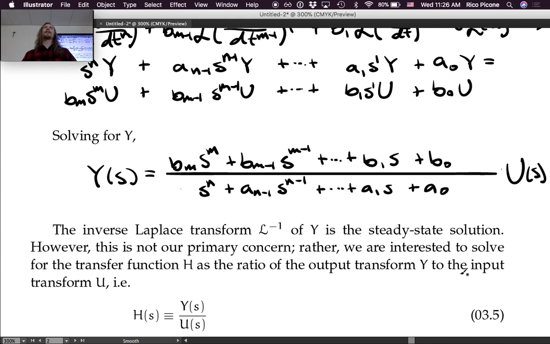I'm thinking. Time out. It's not the steady state solution.